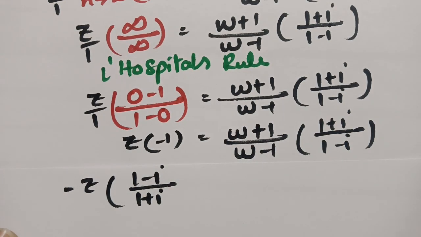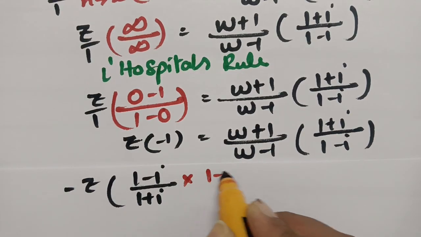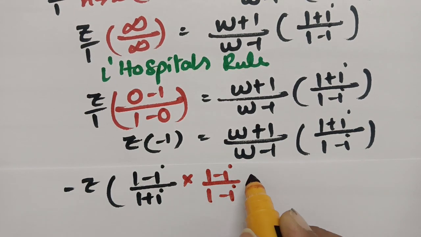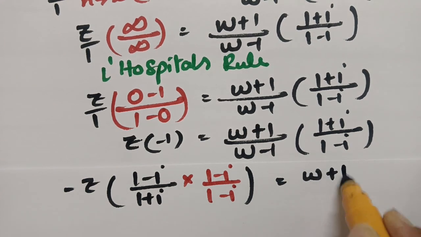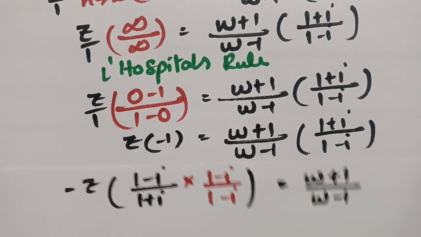Now if I rationalize, so I multiply with 1 minus I into 1 minus I, see what happens, is equal to W plus 1 by W minus 1.